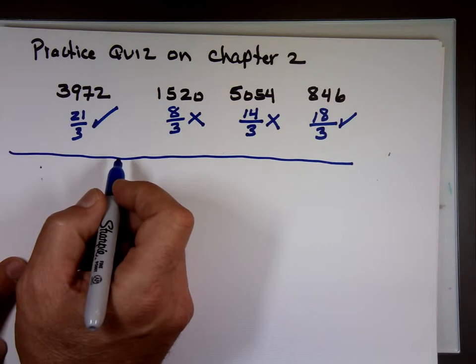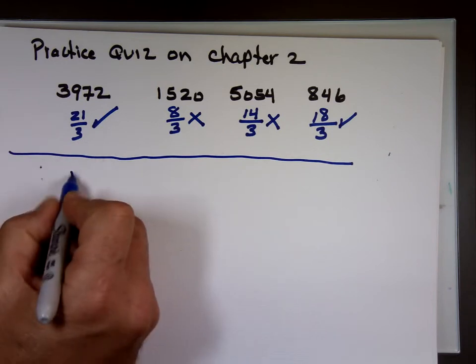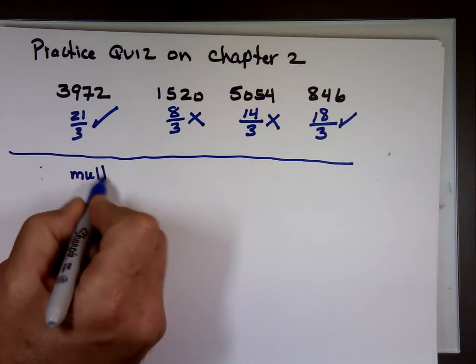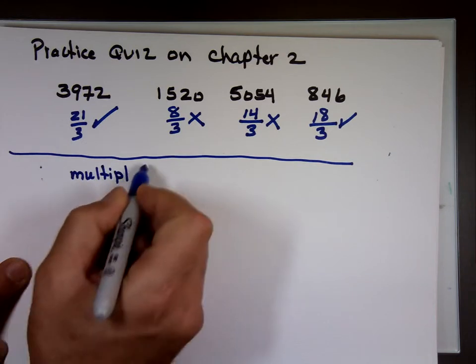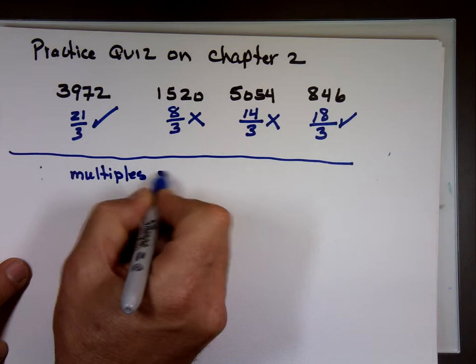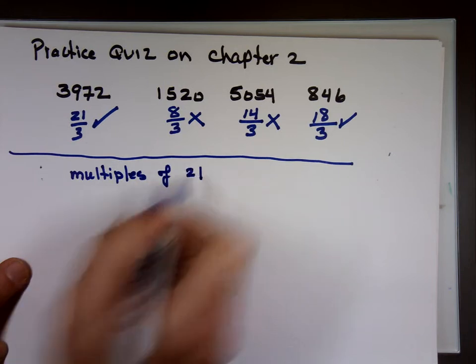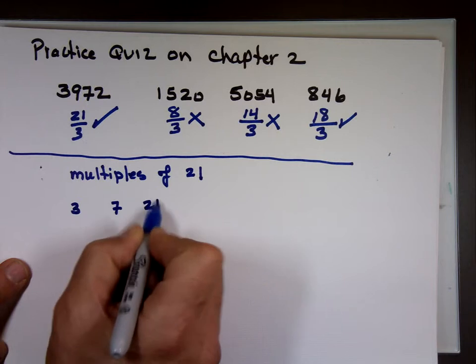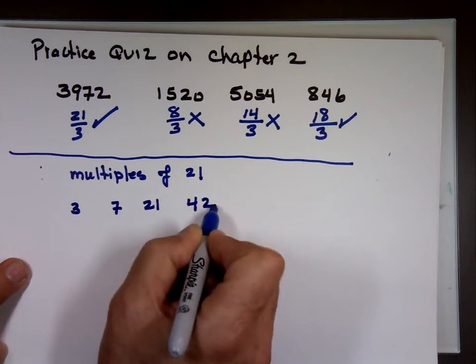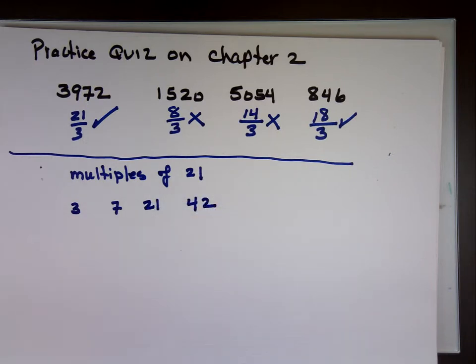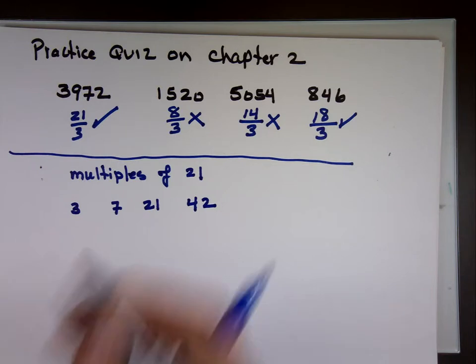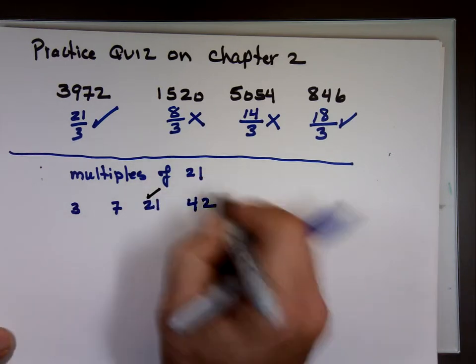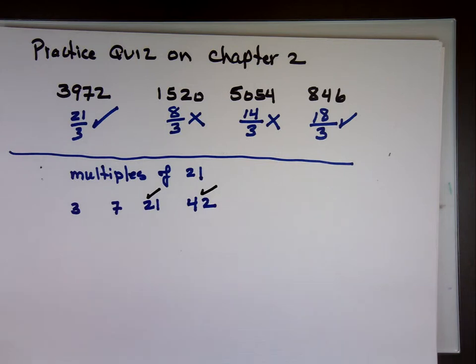Question number 2. How many of the following numbers are multiples of 21? And these are the numbers: 3, 7, 21, 42. Which ones are the multiples of 21? Multiples, not factors.